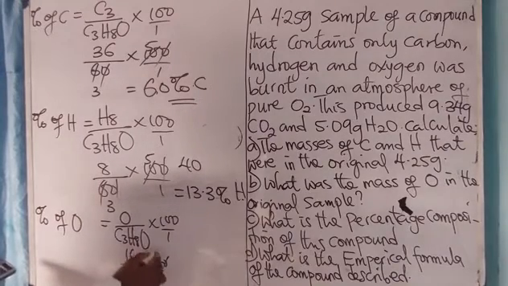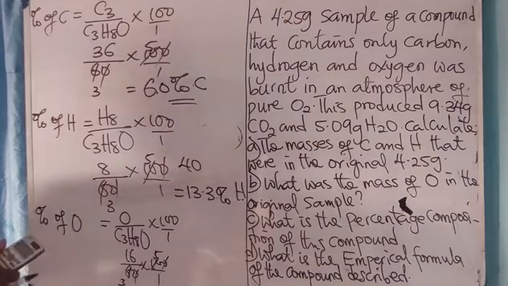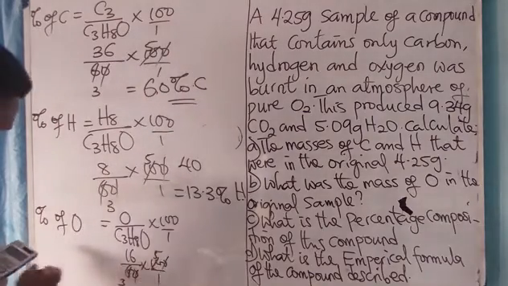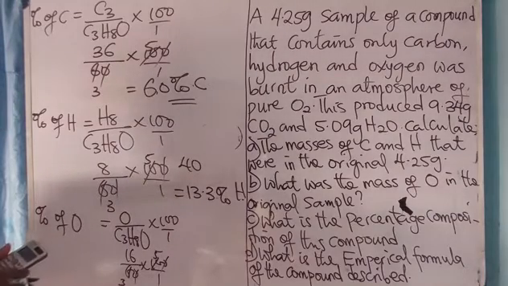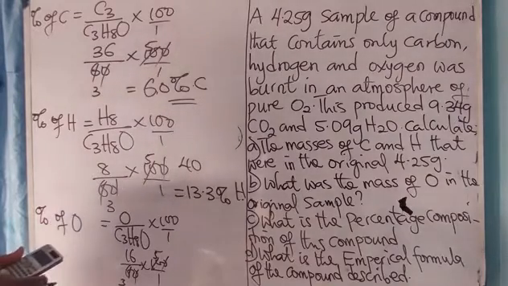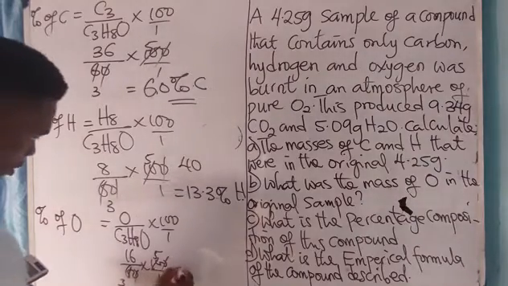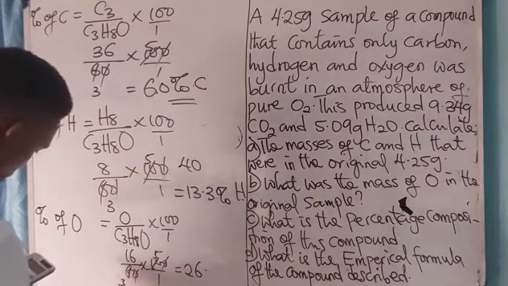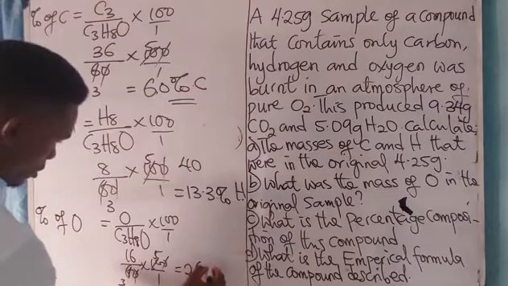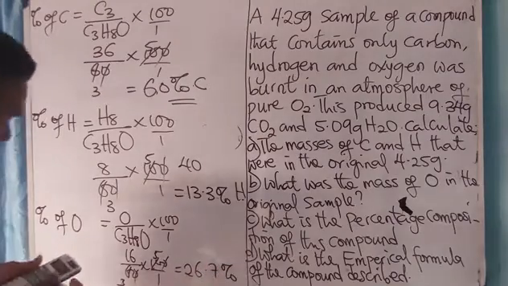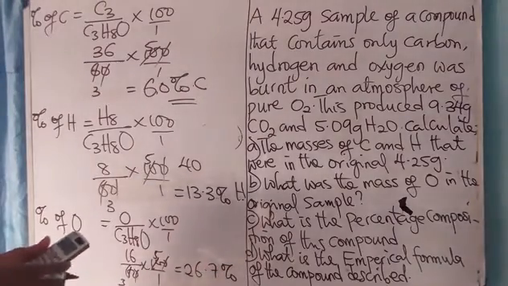Here 3, here 5. So 16 times 5 equals 80. So 80 divided by 3, I'll get 26.7%.